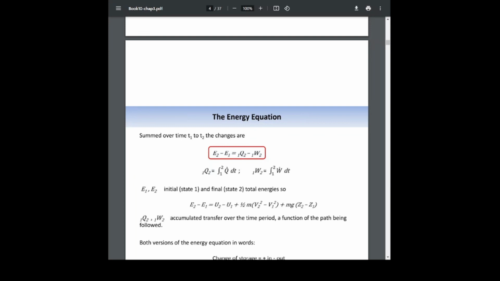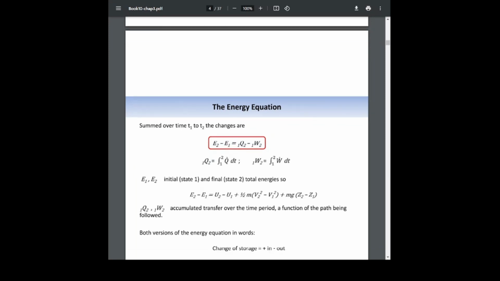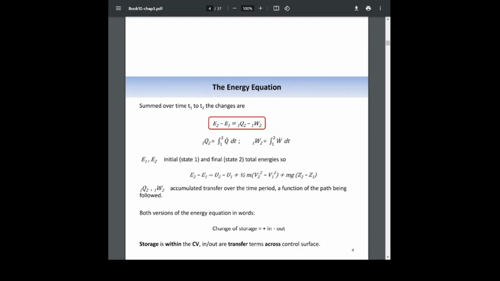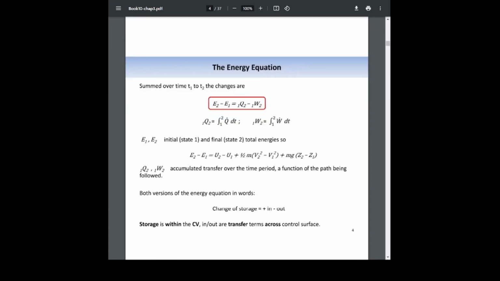Now, if we look at our total energy equation that we previously looked at, you would find that if we wanted to find what it is initially compared to what it is finally, or the change in the total energy in our system, we'd have the change in internal energy, change in kinetic energy, and change in potential energy. Just one thing to be aware of here: Q and W, of course, are accumulated transfers over time, so they are a function of the path being followed.